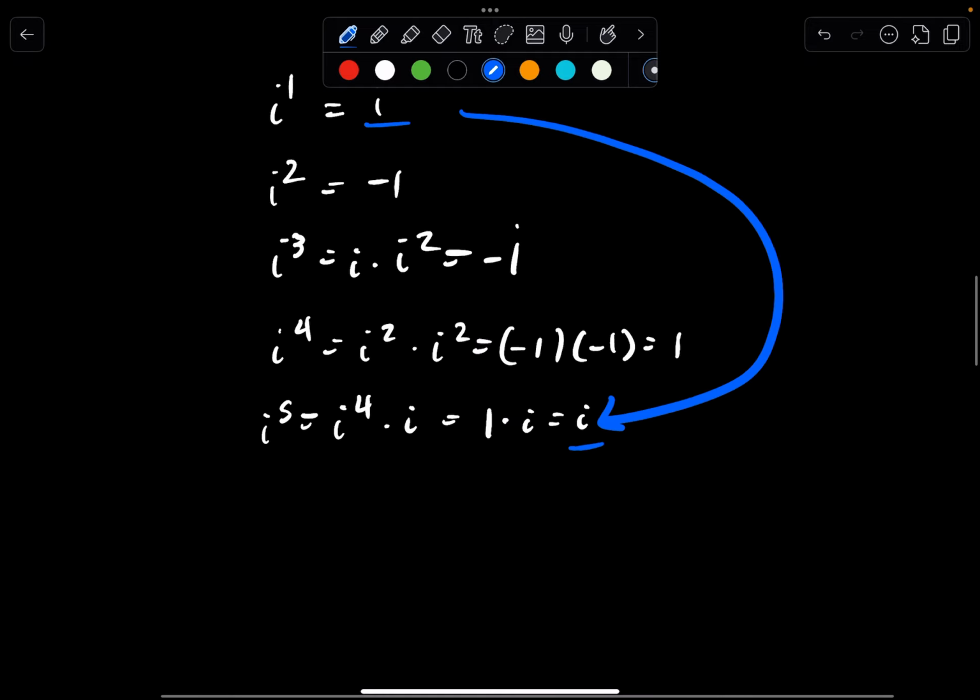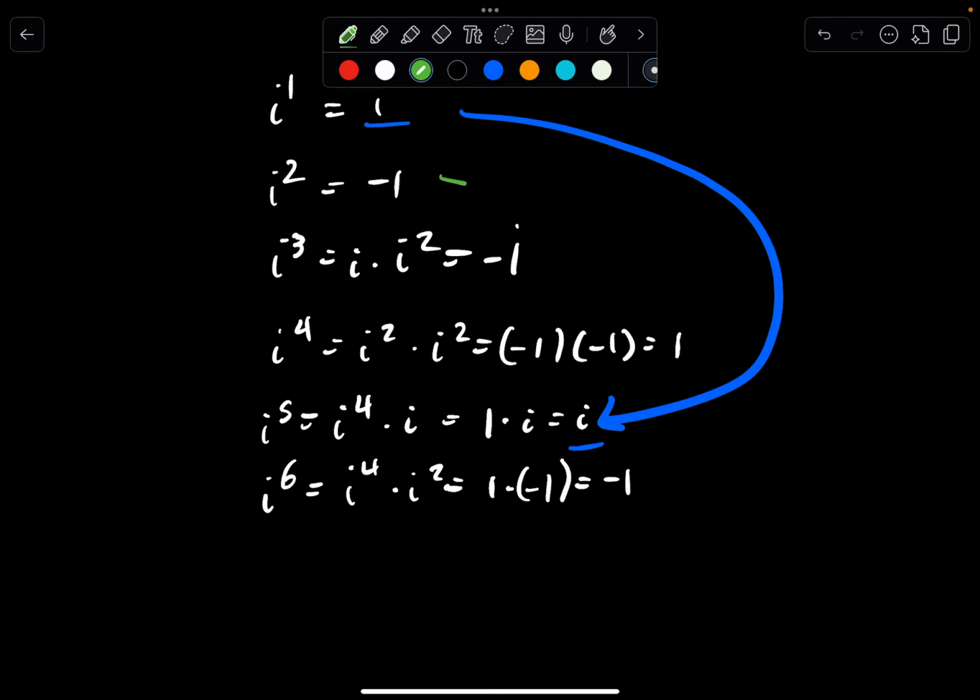Then what's I to the sixth power? Well, that's just going to be I to the fourth times I squared, which is 1 times -1 equals -1. And when you look at that, this matches up. And this, in fact, happens every time we add 4 to the exponent.